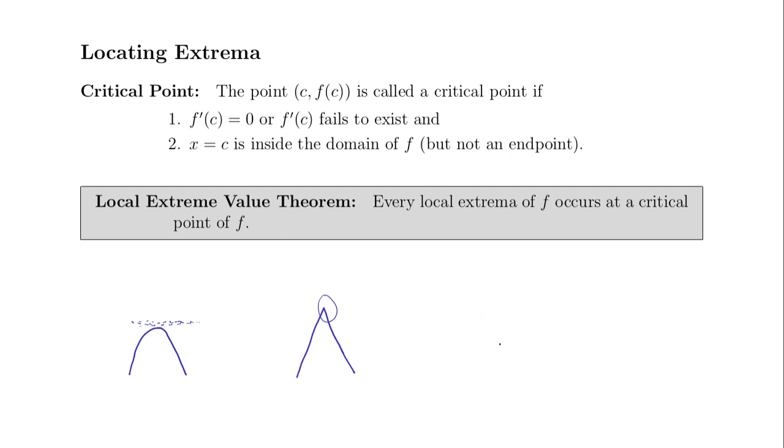Notice, though, again, there are other spots where the derivative might not exist or equal 0. So here's one where you've got a horizontal tangent line, but that's clearly not a local max or local min. And the picture that I drew earlier with the vertical tangent line, not a local max or local min, but we'd still call those things critical points. So critical points are going to help us find local maximums and local minimums.